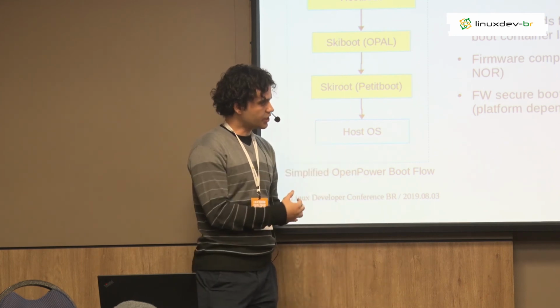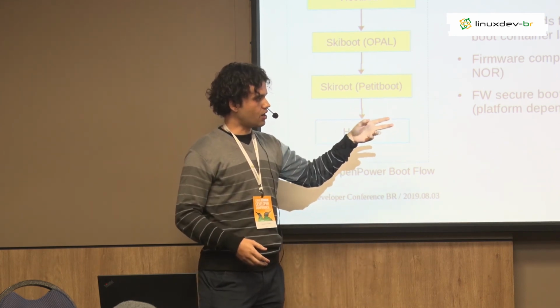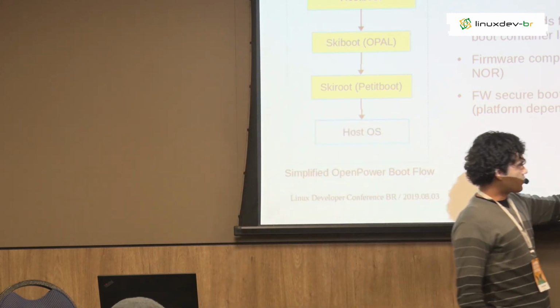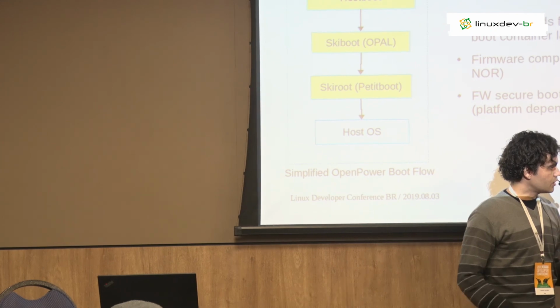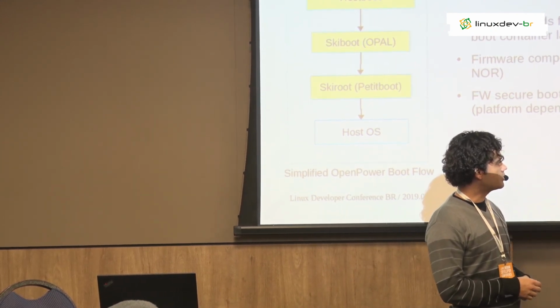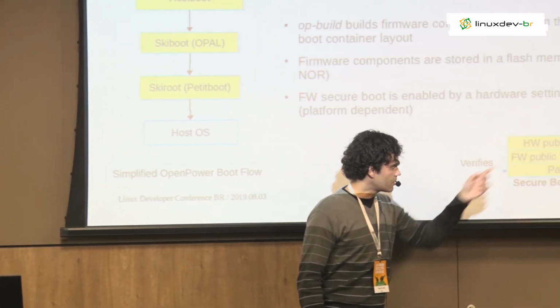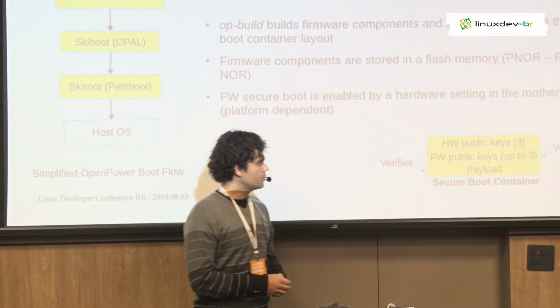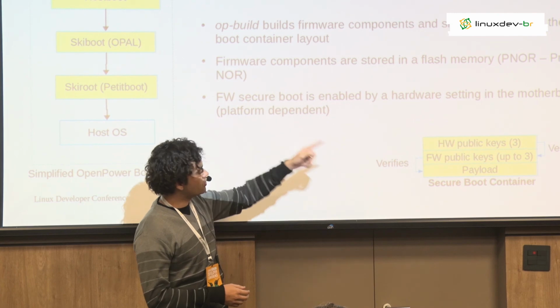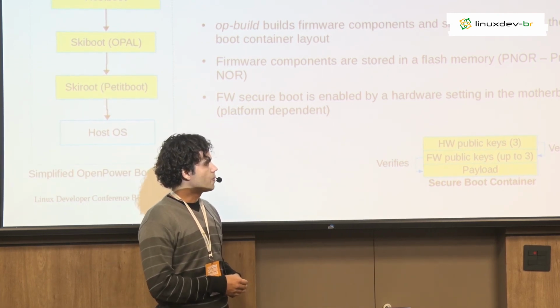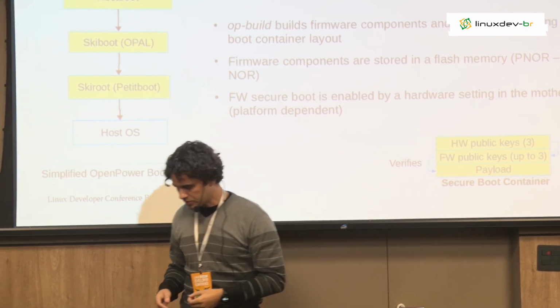And in that container, we have a two-level key hierarchy. The firmware public keys are used to verify the payload, the image itself, and the hardware keys. The verification code uses these keys to verify the firmware public keys.